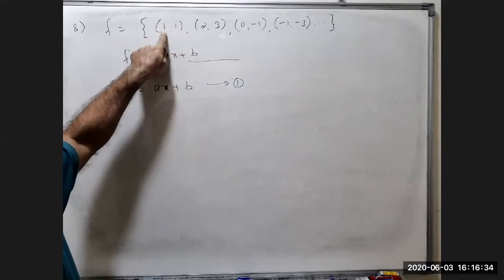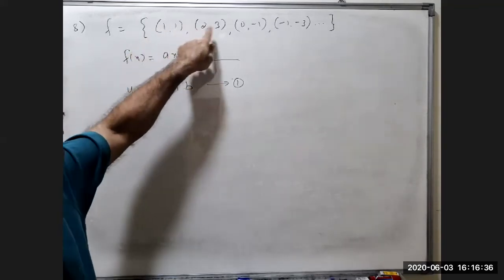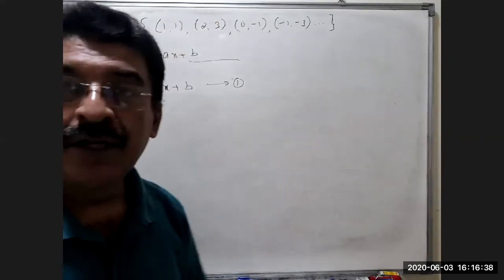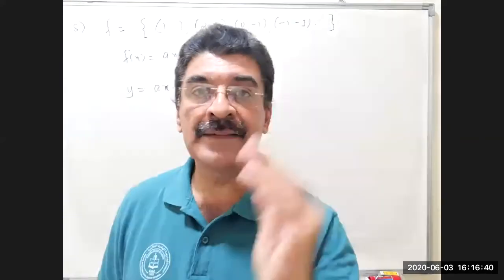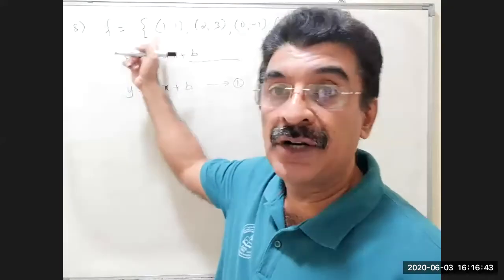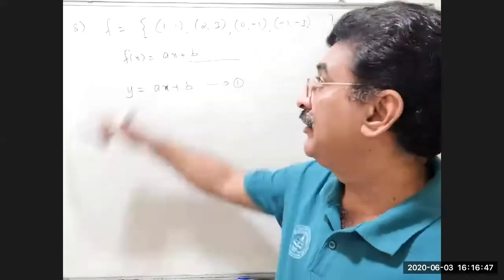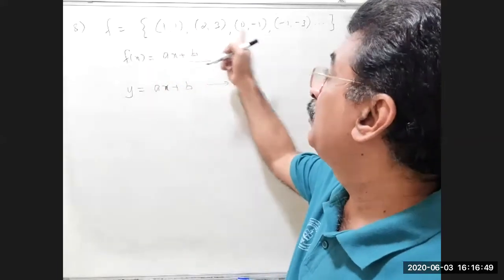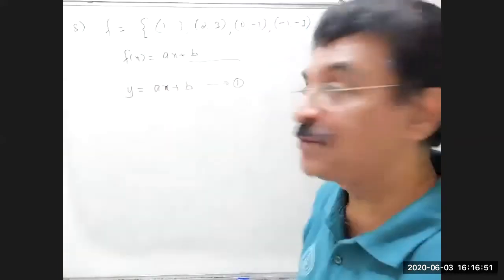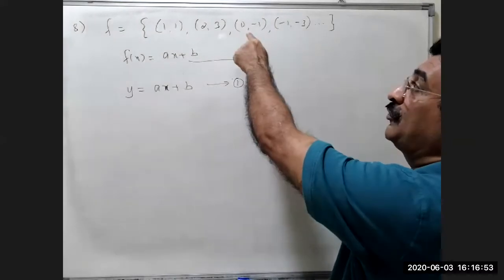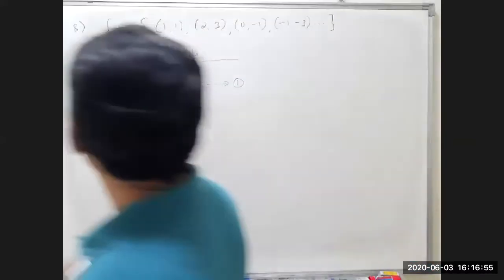(1, 1) means if x is 1, y is also 1. (2, 3) means x is 2, y is 3. If we replace these x and y values from the given function, we will get two equations in a and b. By observing these pairs, the easiest pair is (0, -1) because one number becomes 0.